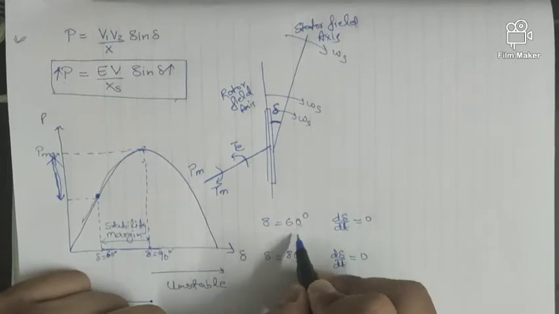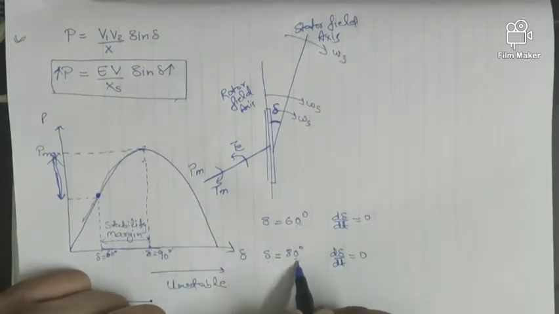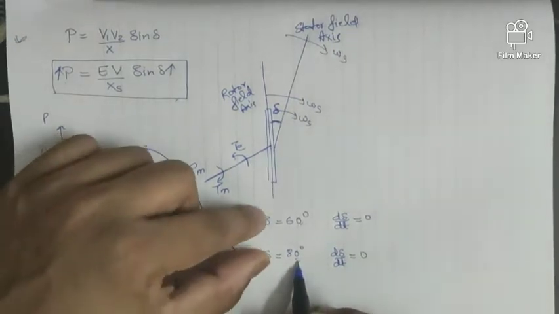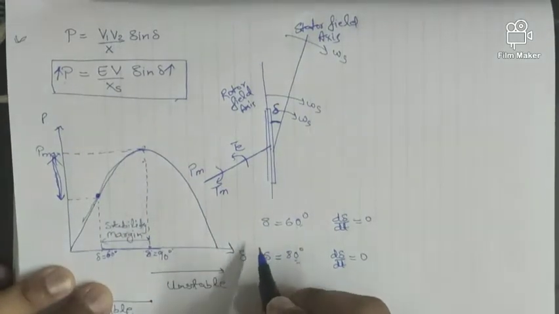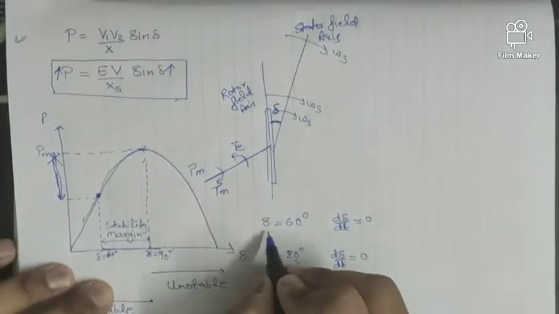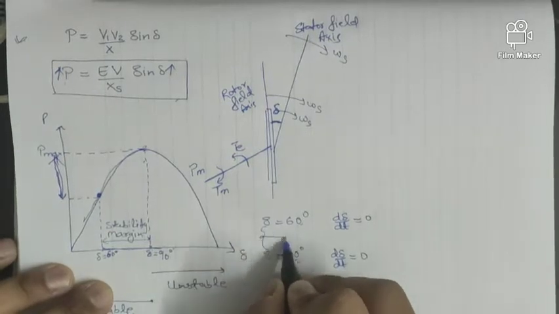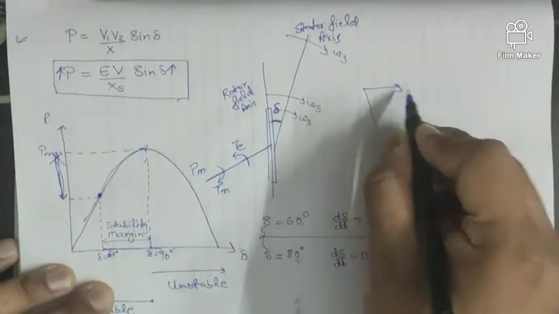So starting from 60 degrees and after reaching 80 degrees, in between some transient will occur due to that disturbance, due to the sudden change. That transient behavior is described by the swing equation.